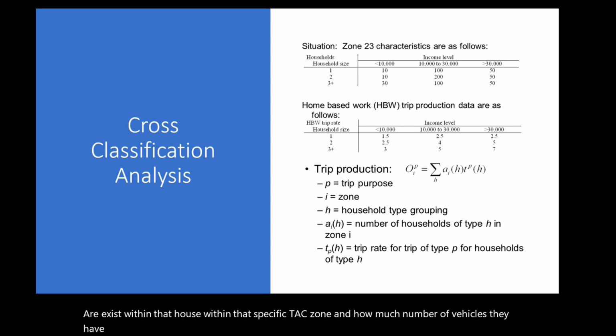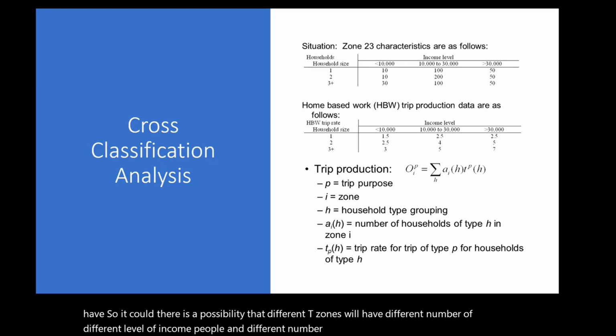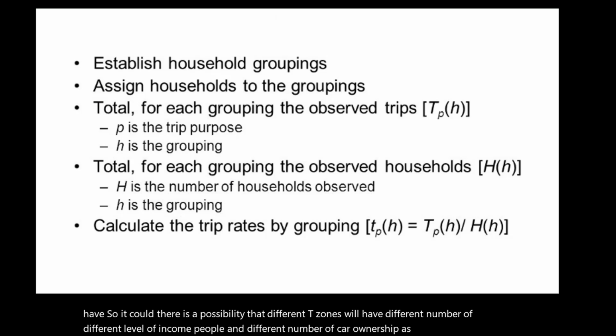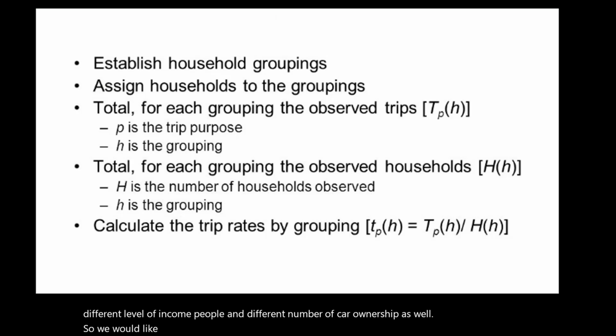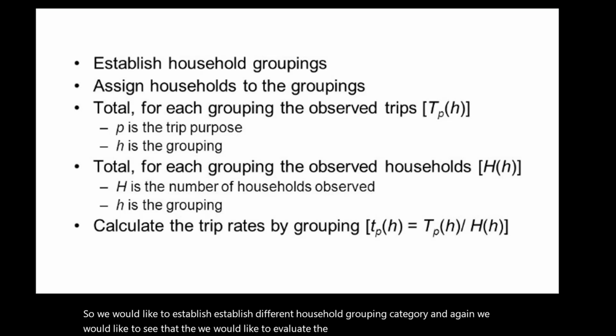So there is a possibility that different TAZ zones will have people with different levels of income and different numbers of cars as well. So we would like to establish different household grouping categories. And again, we would like to evaluate the trip purpose with the grouping activity.